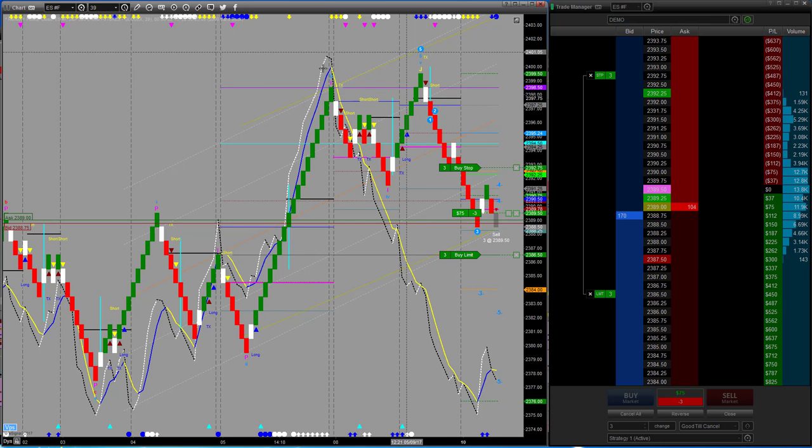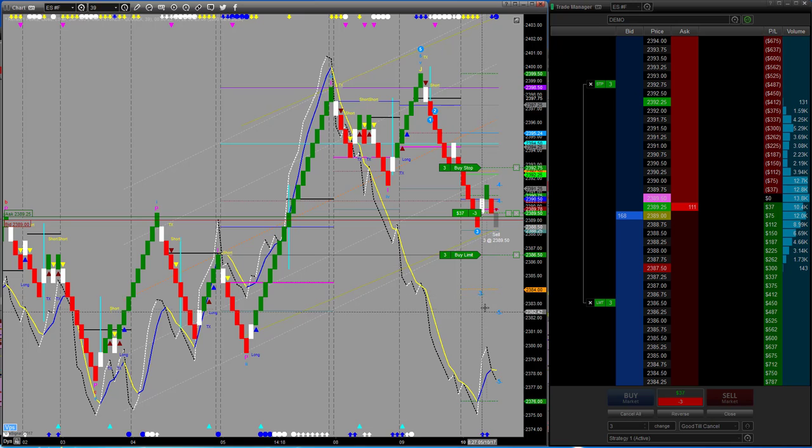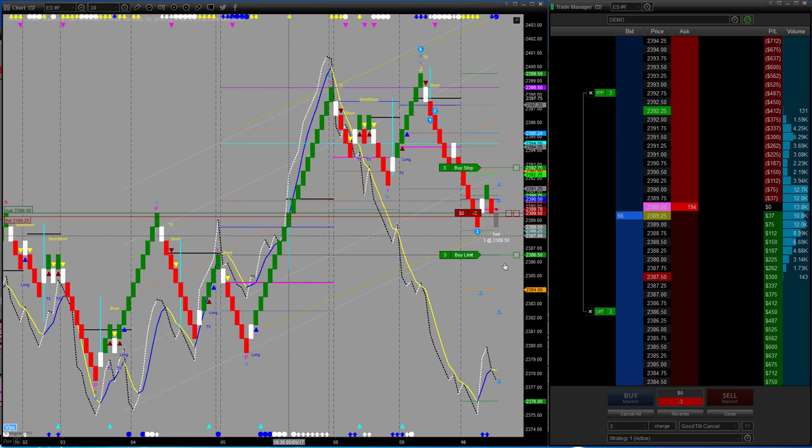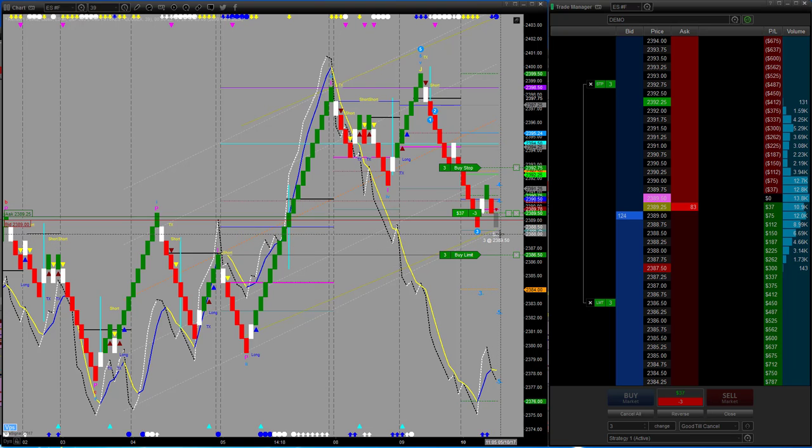So in this area normally is a resistance area, or it can be a support area. You can see that price nearly reached this low volume area for the day, and it looks like it's bouncing from there.